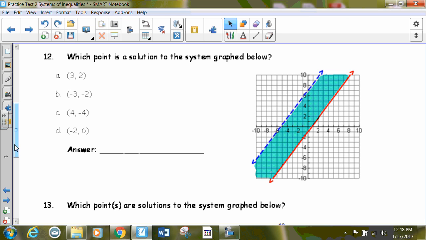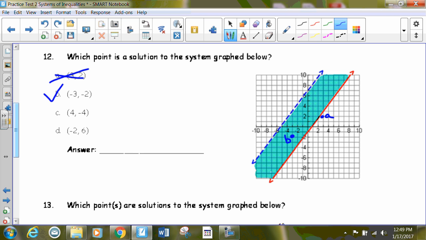All right. Which point is a solution to the system graph below? Well, we're just going to graph these. So when I see 3, 2, I know that that looks like over 3. 1, 2, 3, up 2. Oh, almost made it. Not quite. Not part of the solution. We're going to look at -3, -2. It's -3, 1, 2, 3, down 1, 2. Oh, yay! See how it's part of the solution? So B is part of the solution.